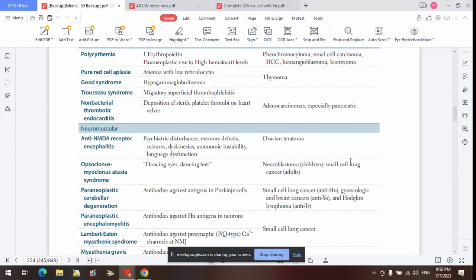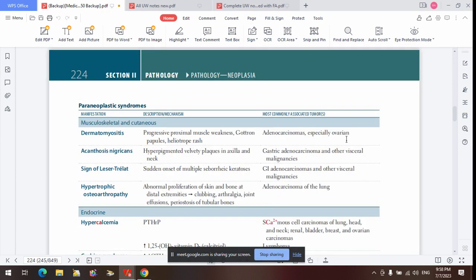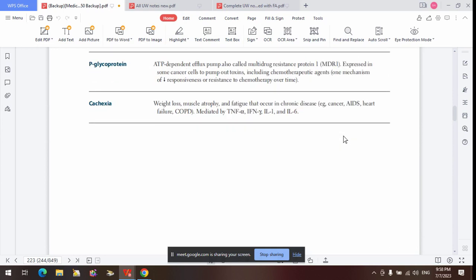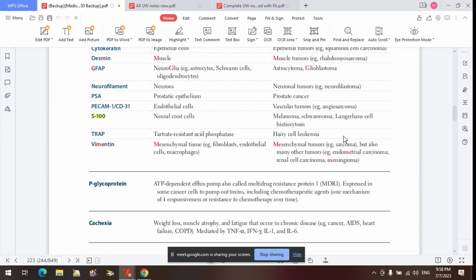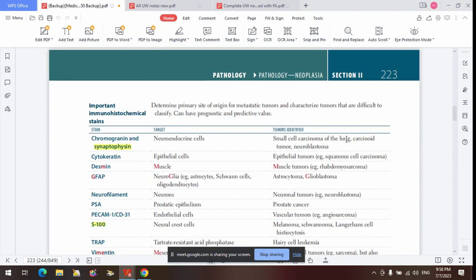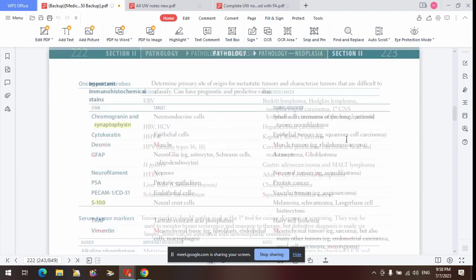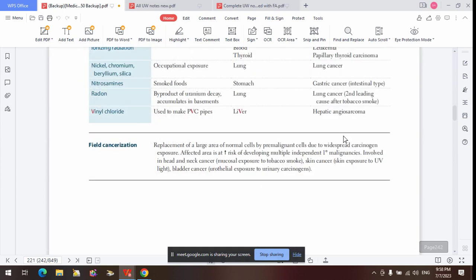Yes, so the previous slide where you were talking about, what's the name of that stuff again? No, please can you scroll up? The field of something. Field cancerization. Is it this? Yes, okay. So how would the question appear that would make us know that they're not talking about metastasis?